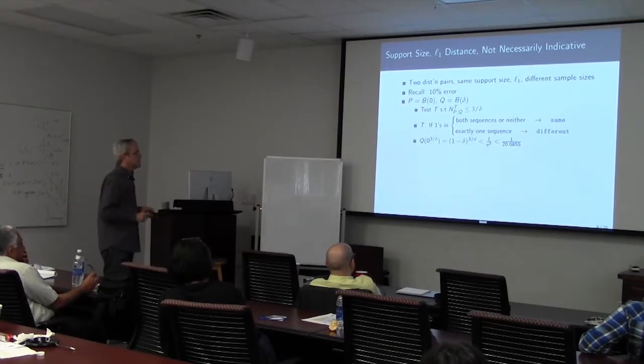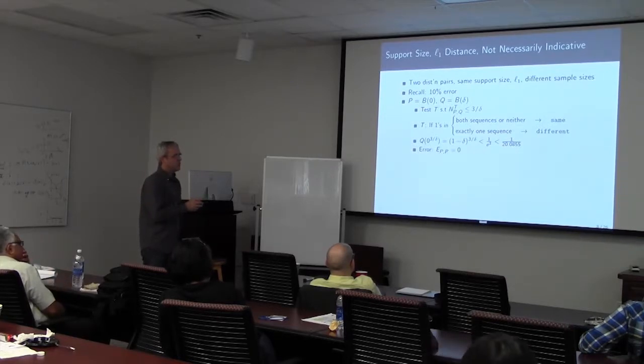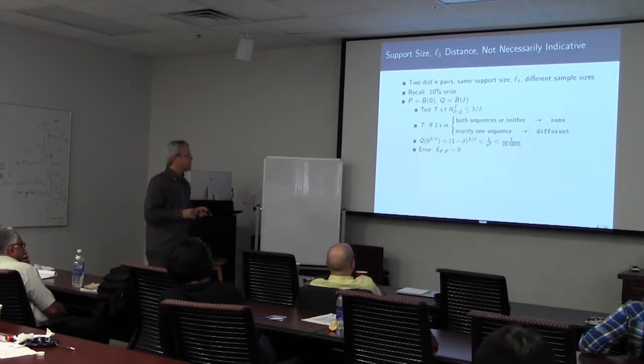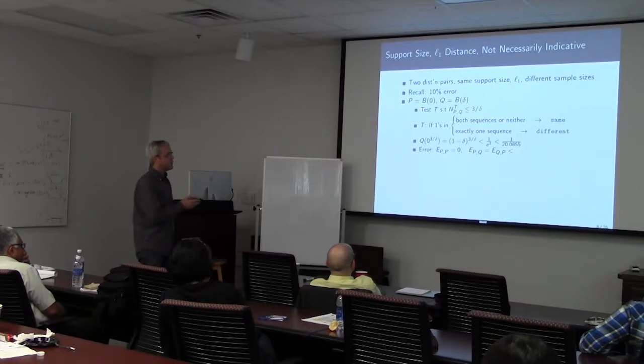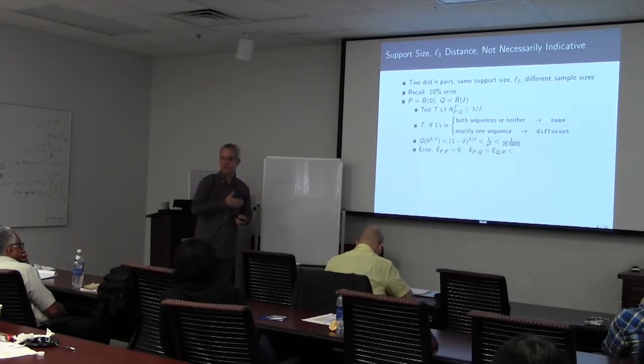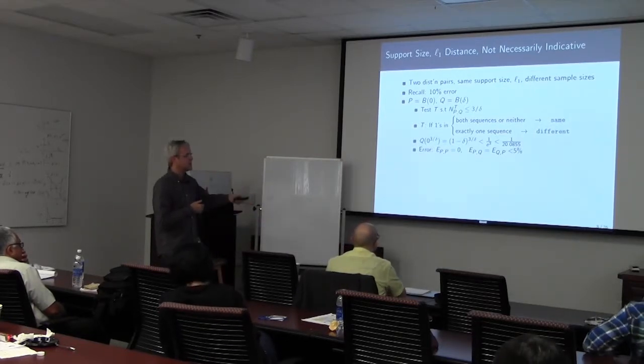Okay. So what is our error? If both sequences were generated by P, then for sure both of them will be 0 and you will not make any mistake. So the error probability then is 0. If one of them was generated by P and the other one was generated by Q, the only way you'll get a mistake is if Q gave you the all 0 sequence. And that's this probability that we calculated here. So that's less than 5%.